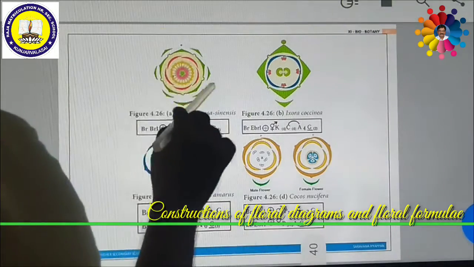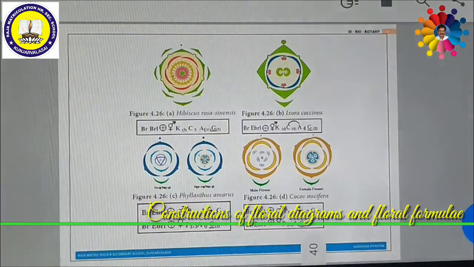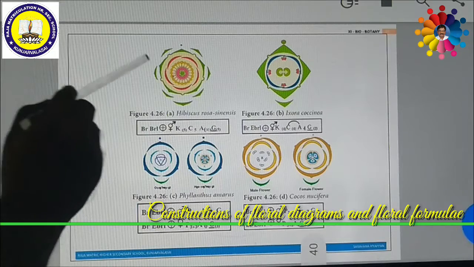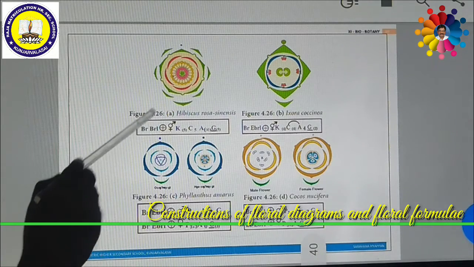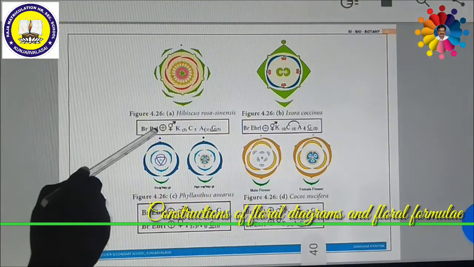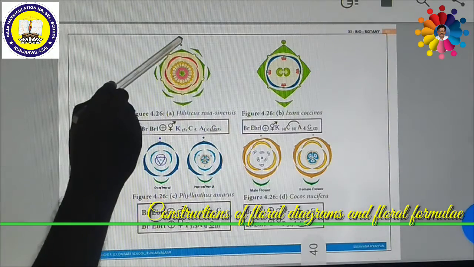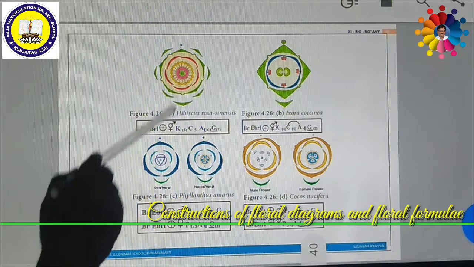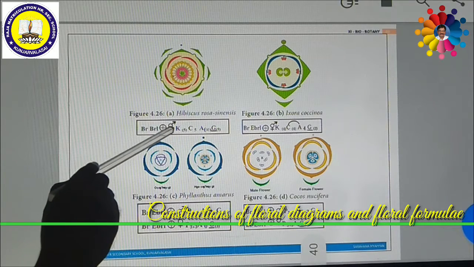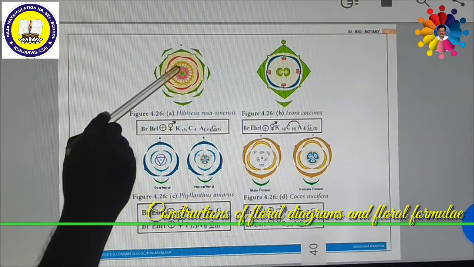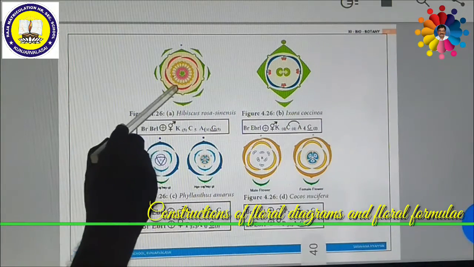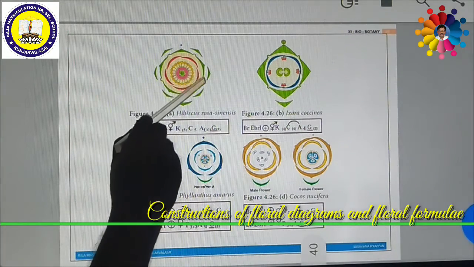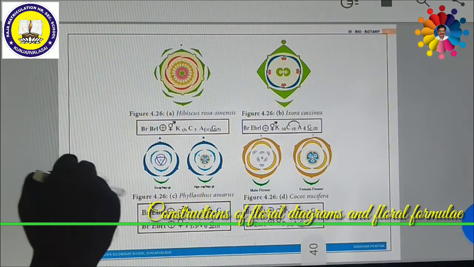If you draw the floral diagram, we are able to write the floral formula as well. For example, bract is there, so Br. Bracteole also there, Brl. Actinomorphic, you can cut anywhere, it will be symmetric, actinomorphic. It is bisexual, both androecium and gynoecium are present. Then calyx, there are 5 sepals which are united, hence bracket.